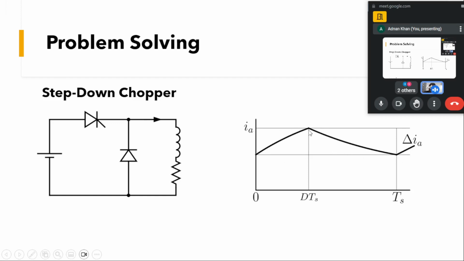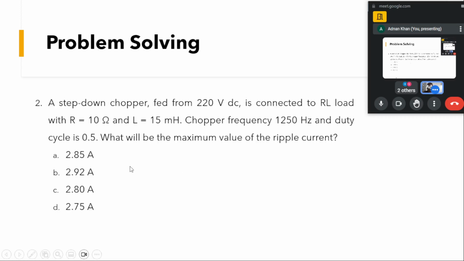The difference between this peak value and this minimum value is known as the ripple of that quantity. Here we are discussing the current, so we can say the ripple current. What we have to see is what will be the maximum value of the ripple current for these specifications.